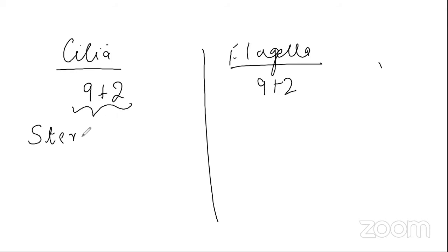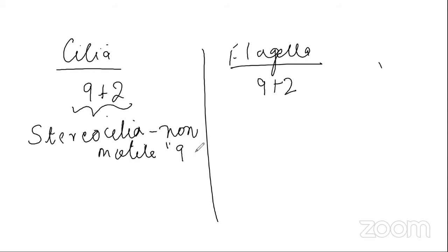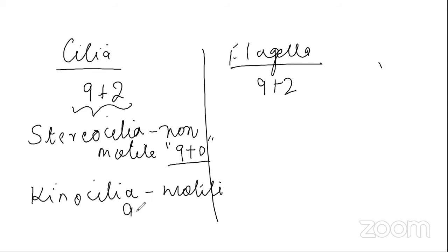Stereocilia is non-motile, so it does not have that central part. It is going to have 9 plus 0. But kinocilia is motile, so this is going to have 9 plus 2.